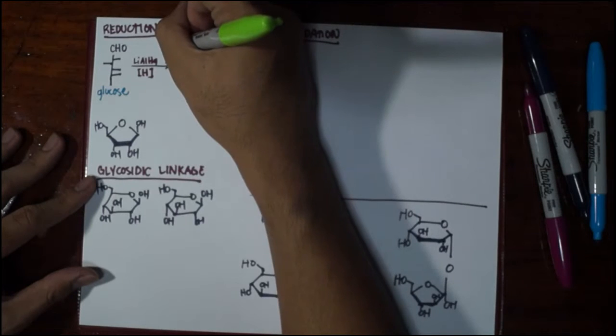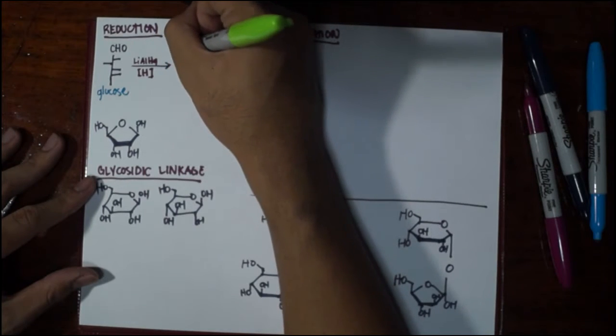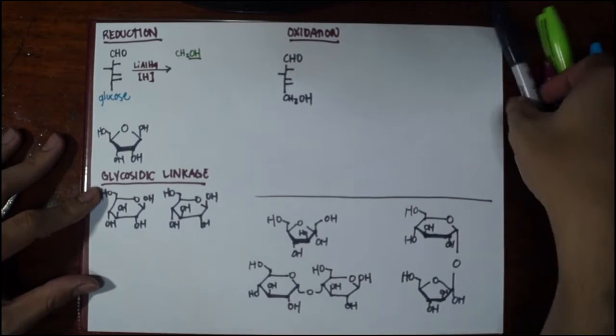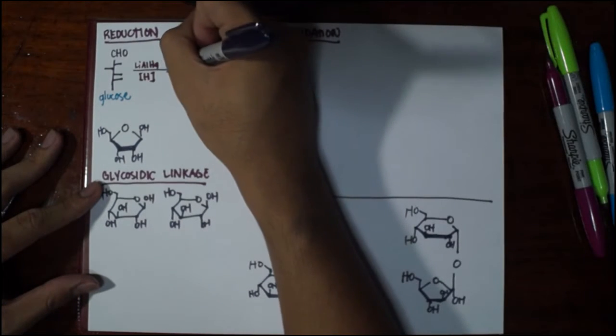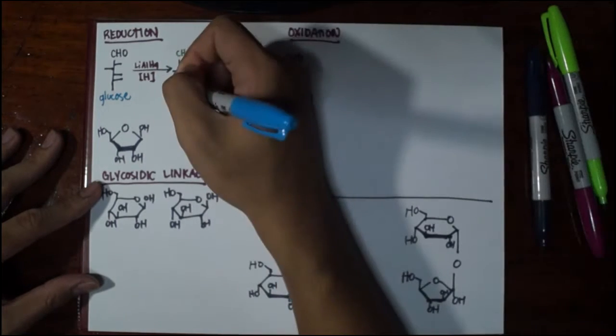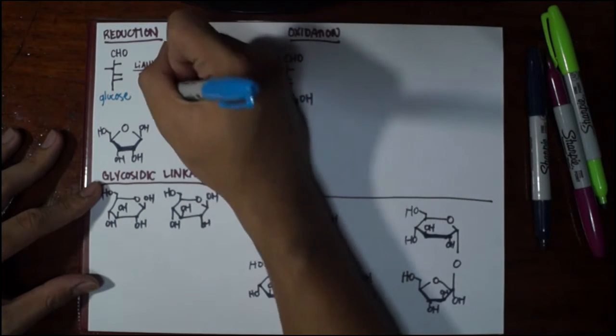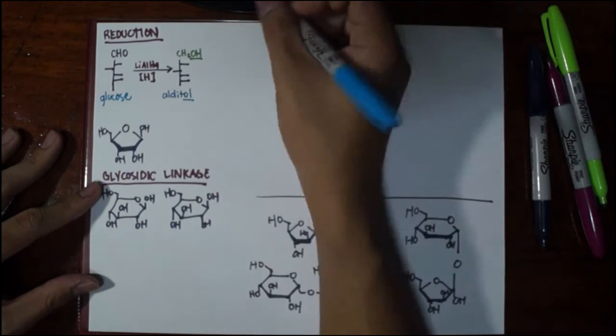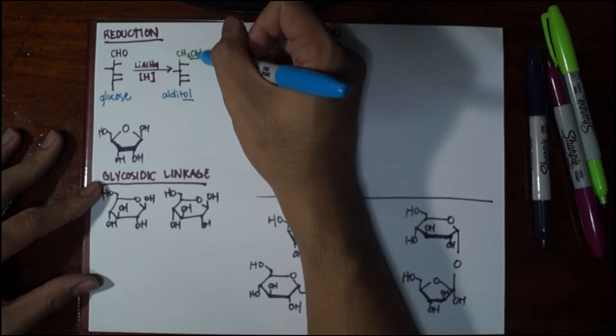So upon reduction of a formyl group, we now have a hydroxyl group, particularly a primary alcohol group. And the name of this one in general is an alditol, because it now becomes simply an alcohol with many hydroxyl groups.